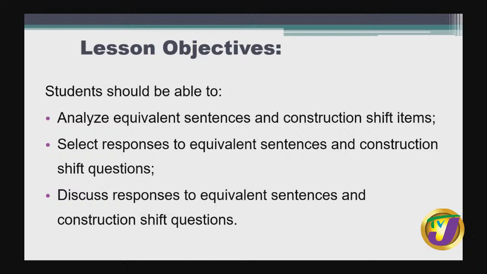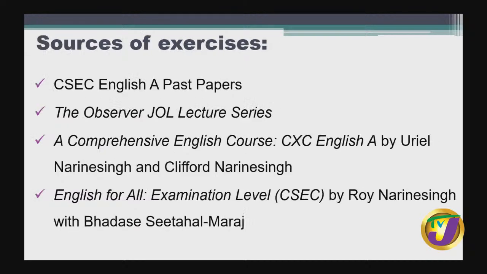And of course, you need to be able to discuss responses to equivalent sentences and construction shift questions. And here's a list of the sources for today's exercises. So we had various English language past papers from CSEC, of course, the Observer Lecture Series, a comprehensive English course, and English for All, both of them at the CSEC level.